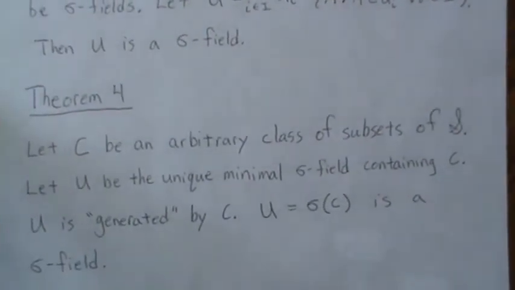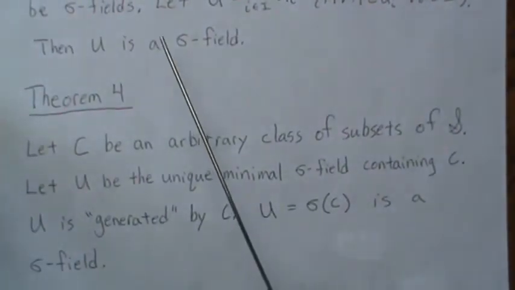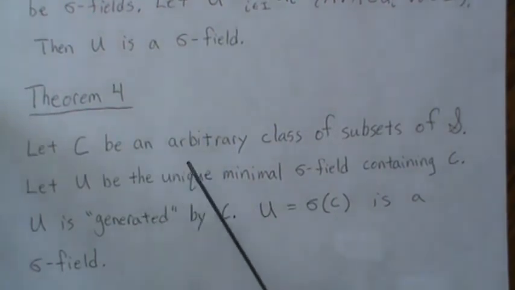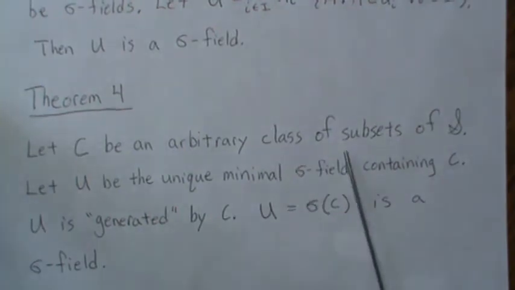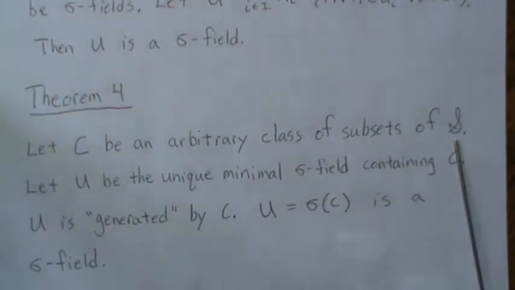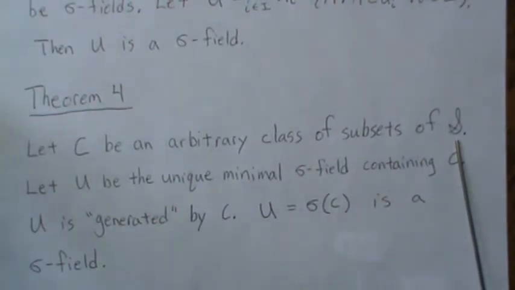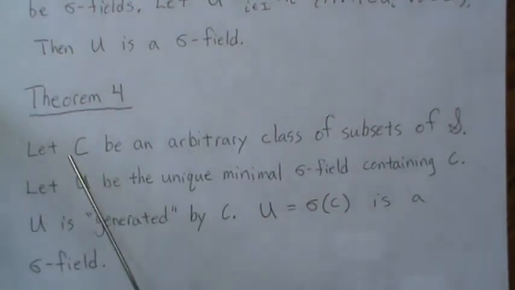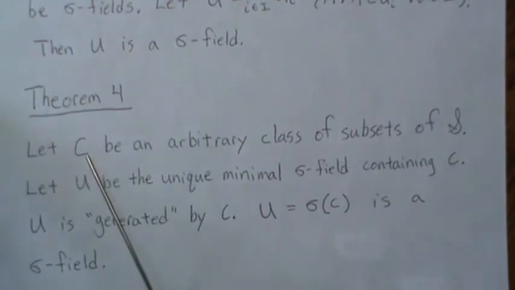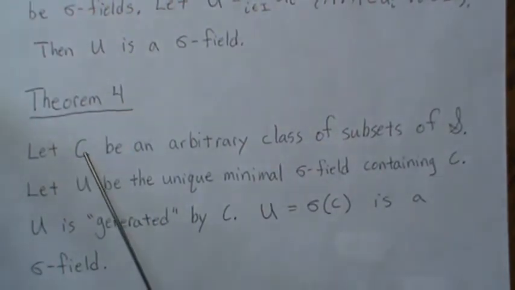Now, Theorem 4, so I'm going to refer you back to video 2 on fields. Here, we're going to let C be an arbitrary class of subsets of the sample space or the universal space. This could be one element or two or three or a set or the whole thing.